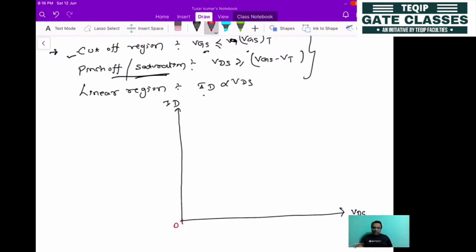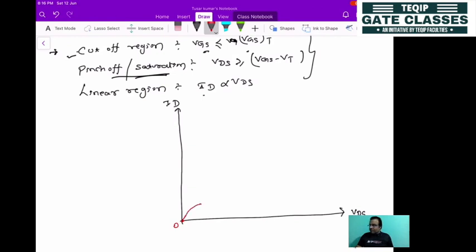Initially, whenever you are applying the gate voltage and the voltage level has not reached the pinch off value, pinch off meaning the narrowing of the channel has not occurred, till that period you are increasing the VDS gradually. So let's say you have increased the VDS for one particular value, VGS1.